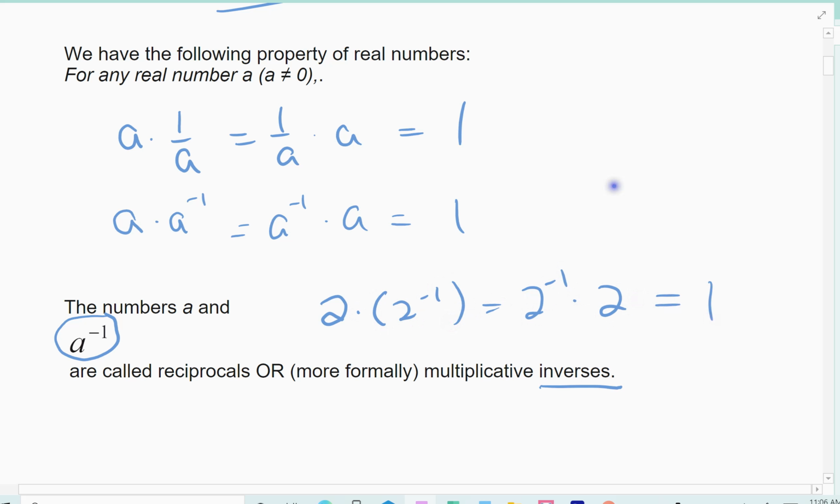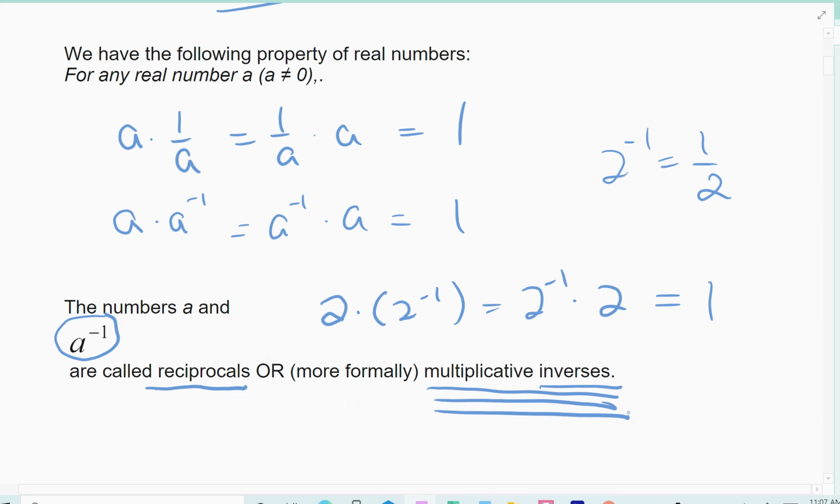It gives you 1 out, because 2 to the negative first is 1/2. If you take 2 and raise it to the negative 1 power, you get 1/2 out. These are reciprocals, or more formally, multiplicative inverses. They undo one another. When I take 2 and multiply it by 1/2, it undoes the 2 and leaves me with 1.